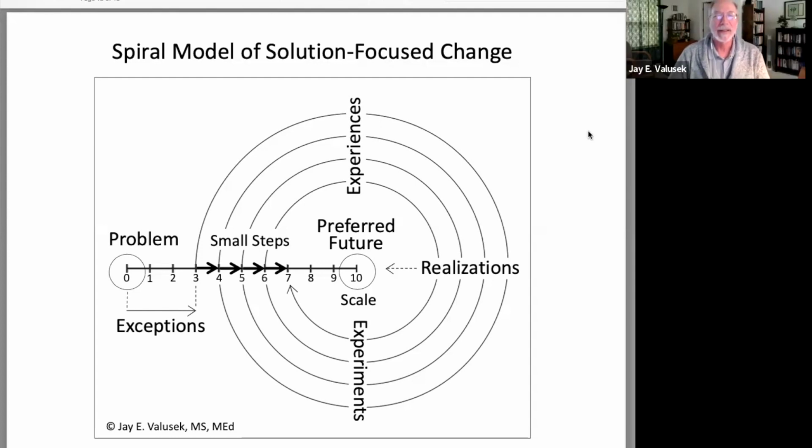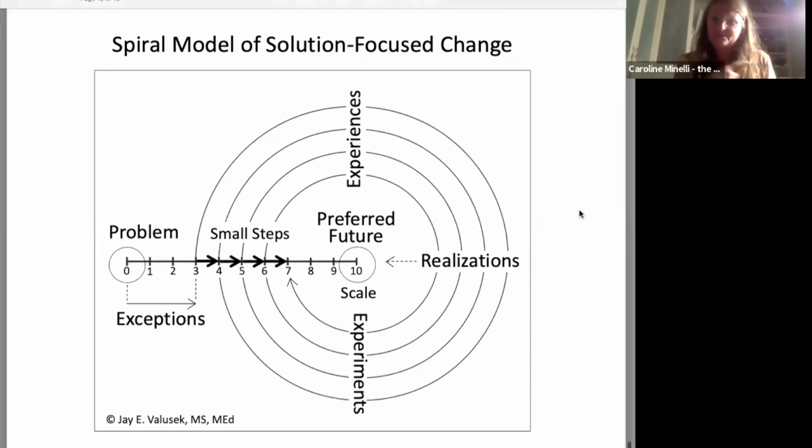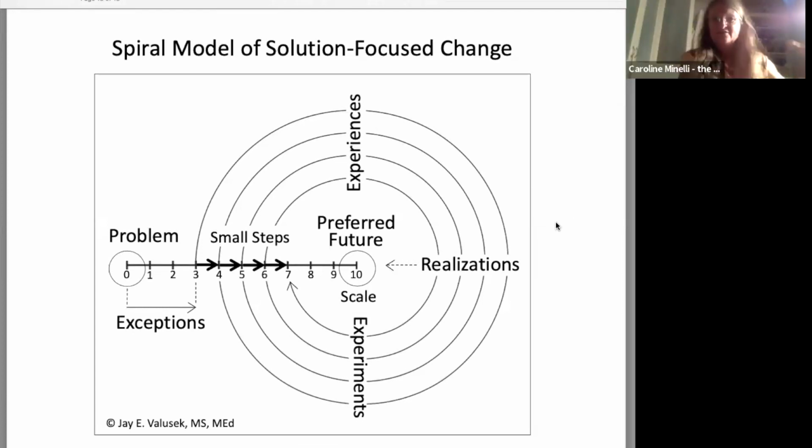Yes. Good. I love this because for years I have had a picture in my head of life as a spiral. A problem is somewhere inside the spiral.